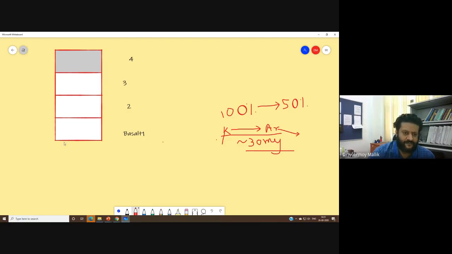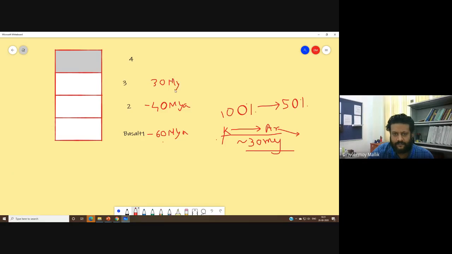Okay, so say, for example, the first basalt, I find the age to be around 60 million years. Basalt 2 is 40 million years ago. MYA means million years ago. Number 3 came 30 million years ago.